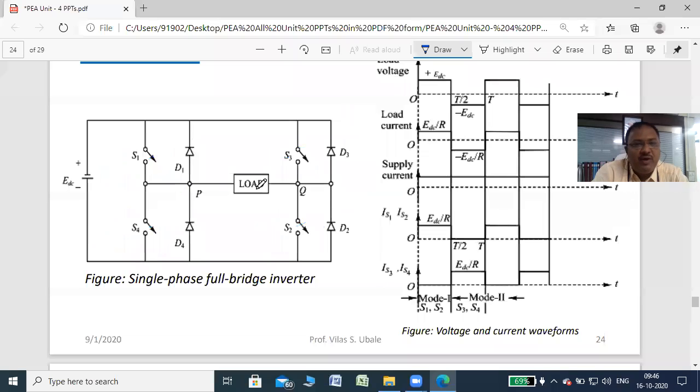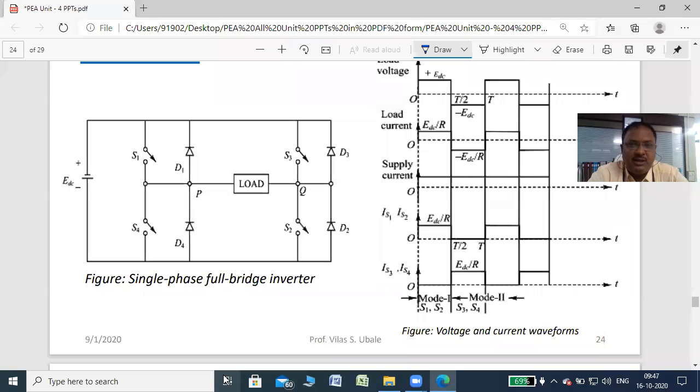Similarly, D1, D2, D3, and D4. So the same kind of names are given. Again, two diodes are turned on at a time. So that we will see for the inductive load, but for the resistive load there is no use of diodes D1, D2, D3 and D4. Keep in mind, for the resistive load, whether you draw these diodes or not, no problem, your circuit will work properly.